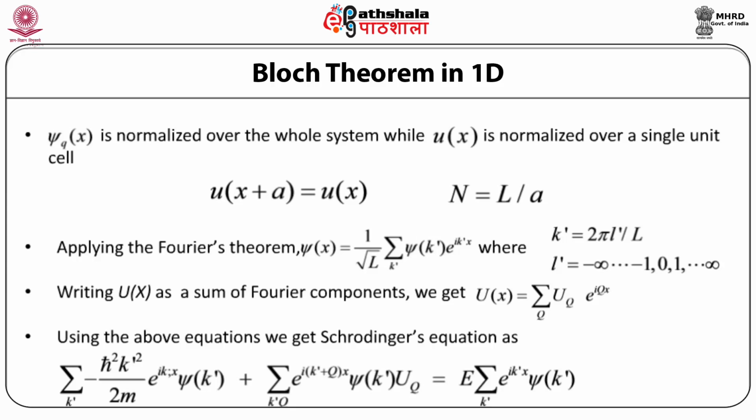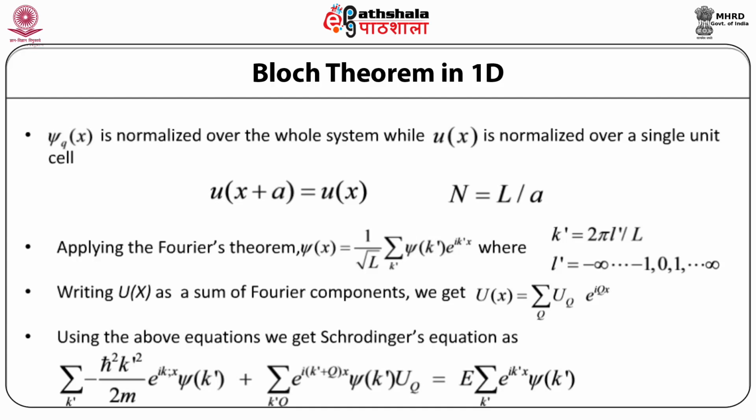Since the potential U(x) is also periodic, we can also write U(x) as a sum of Fourier components, U(x) equal to summation over Q of U_Q e^{iQx}, where capital Q is the reciprocal lattice vector, equal to 2π l by a, where l is an integer.